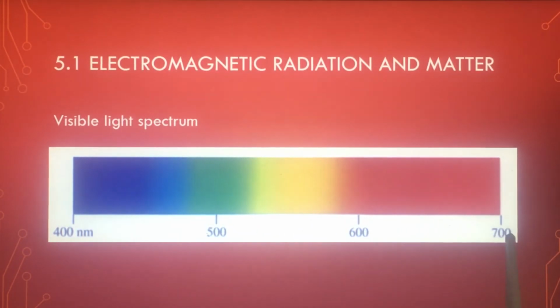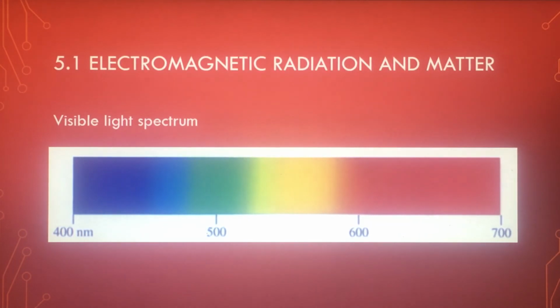Going beyond 700 nanometers is infrared light. We need to know this 400 to 700 nanometer range, since maybe in a quiz or an exam, we will need to convert 400 nanometers into frequency.